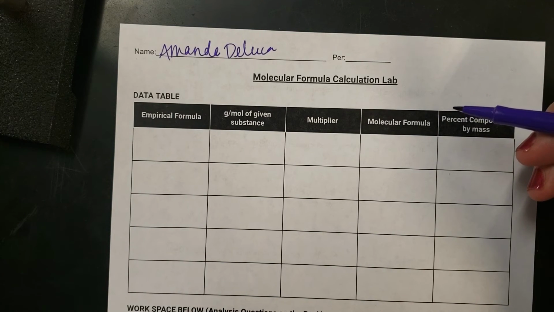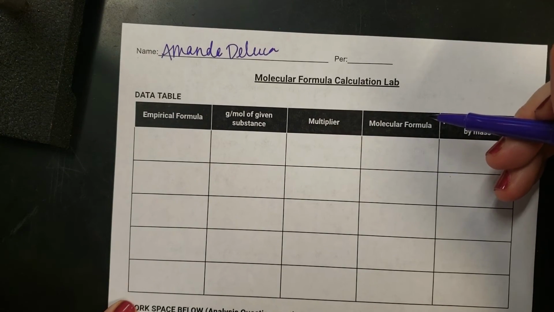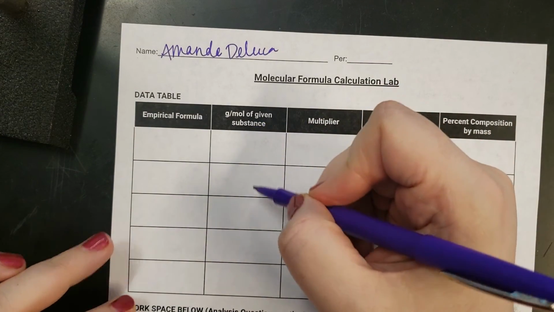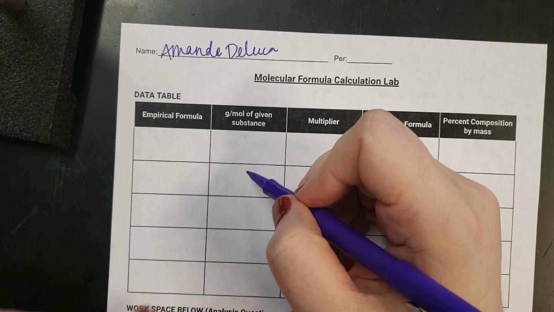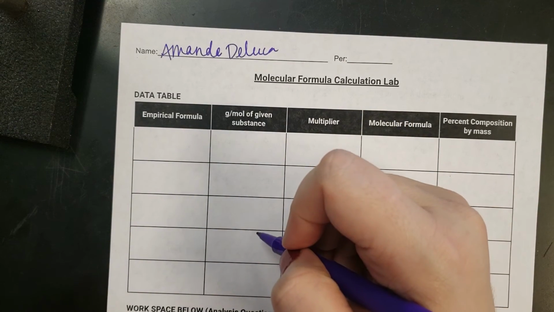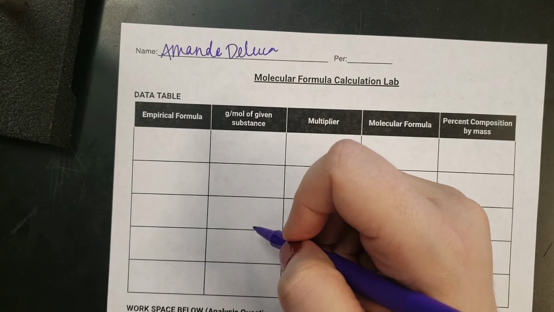And you're going to record the empirical formula, which is on a note card over at the table. Then you're going to use the scales to measure the grams per mole of the given substance. I have measured out exactly 1 mole of each of the substances, as close to exactly as I could get.